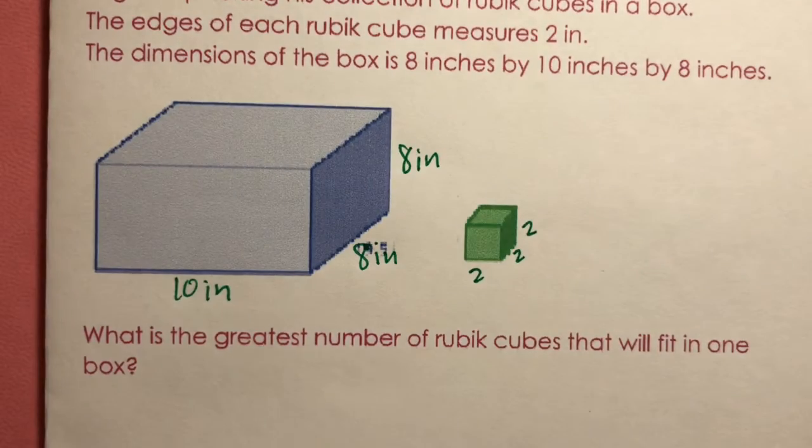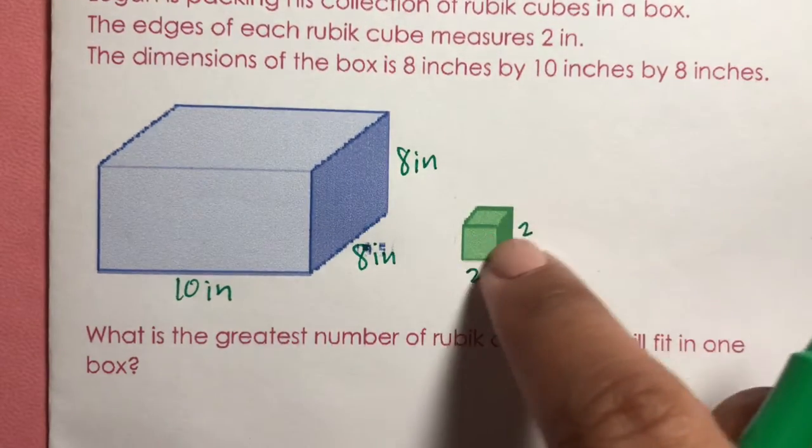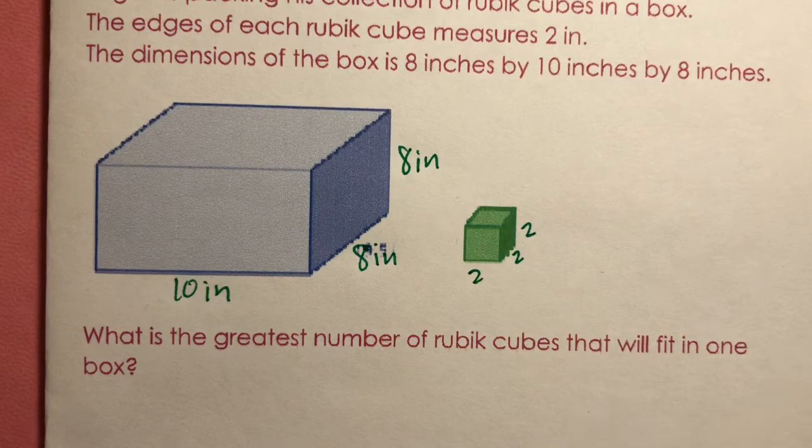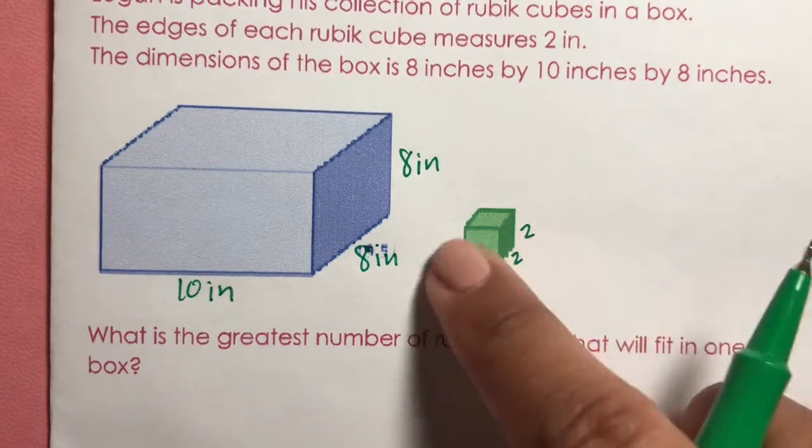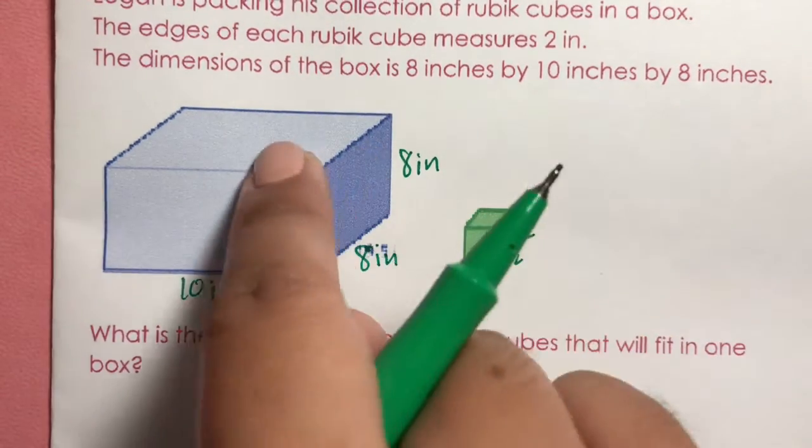So this is going to be a volume problem because this takes up room. Volume is the amount of room it will take up in a figure. So we need to figure out how many Rubik's Cubes he can put in this box.